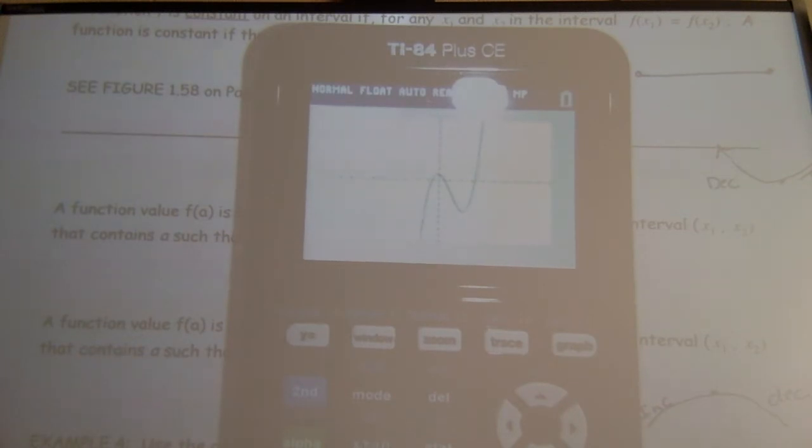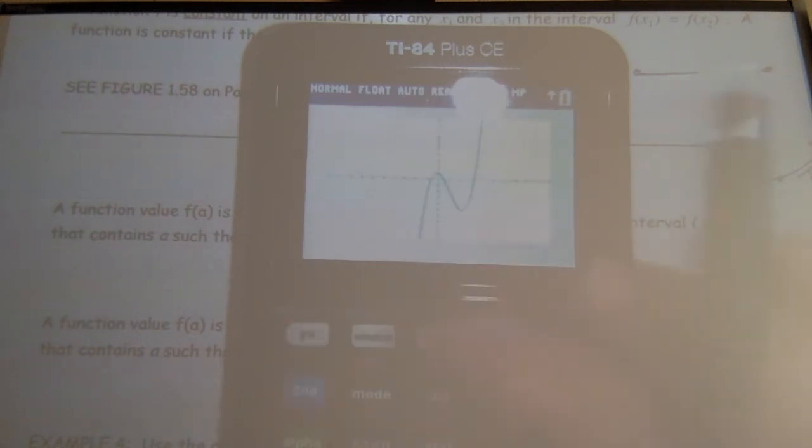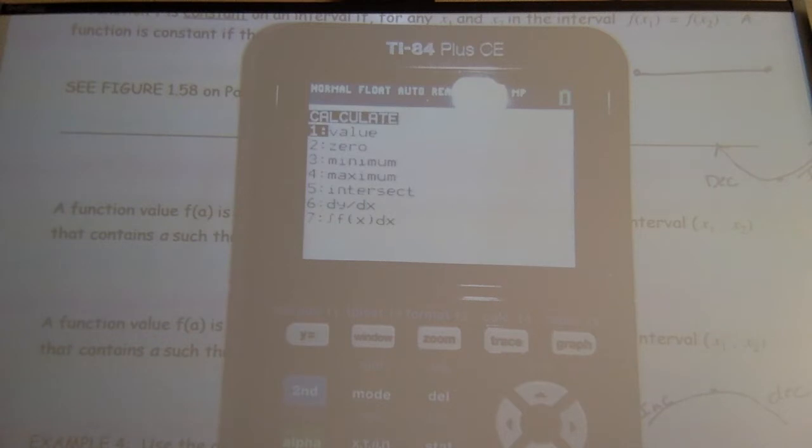So where's the relative maximum point at? Where's it at here? Well, it's somewhere right here. Right there. So if you hit second calculate, what do you see there? You said maximum, minimum. So let's find that maximum.